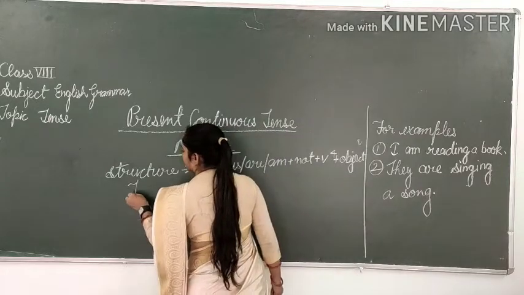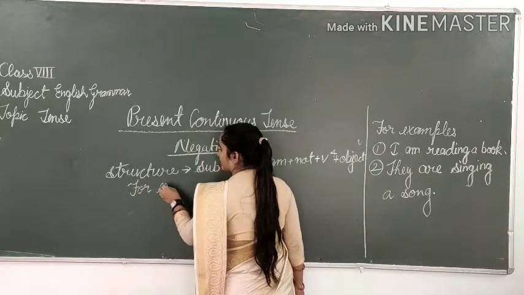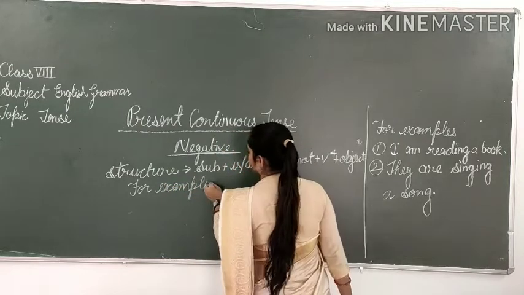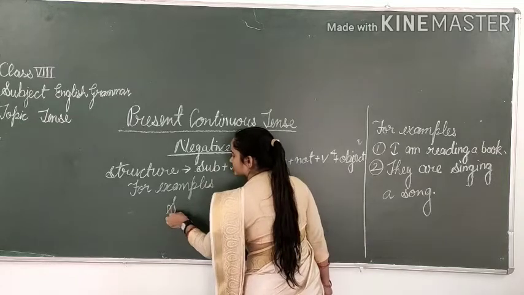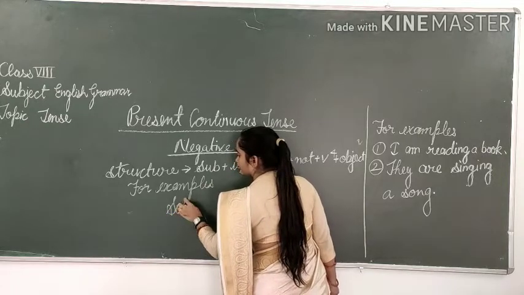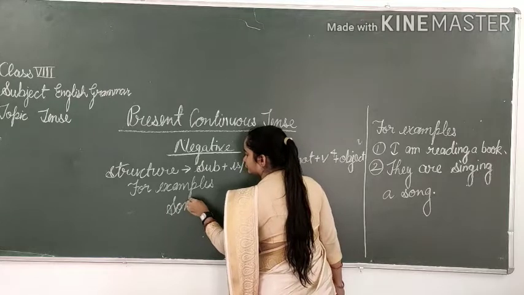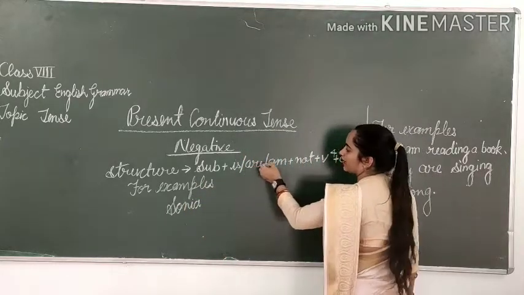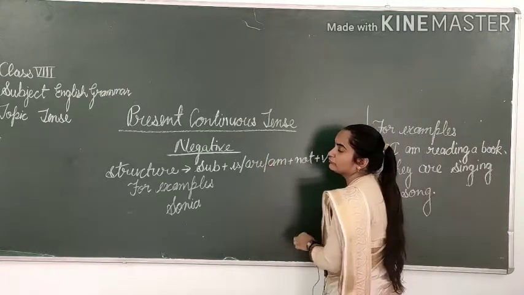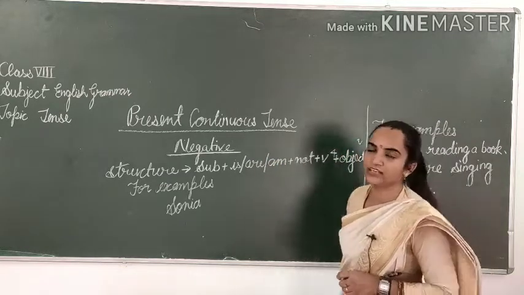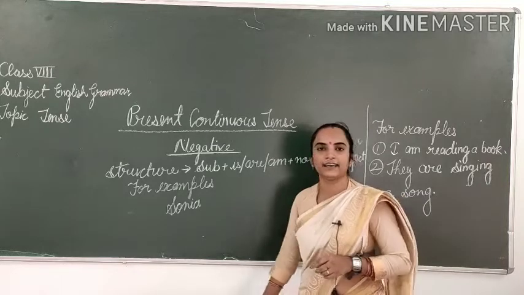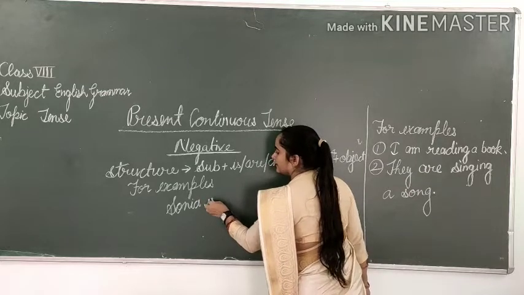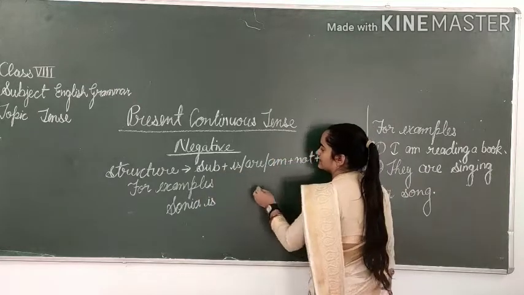For example, Sonia. What will become with Sonia? Is, are or am? Is is used with singular, are is used with plural, and am is used with I. So Sonia is singular, that's why we will place here is. Sonia is.